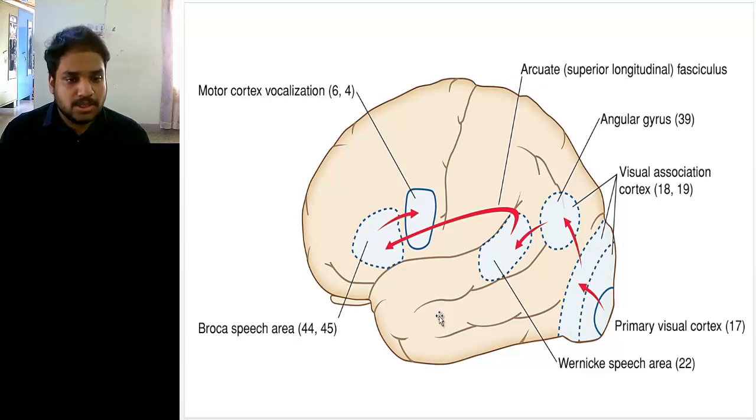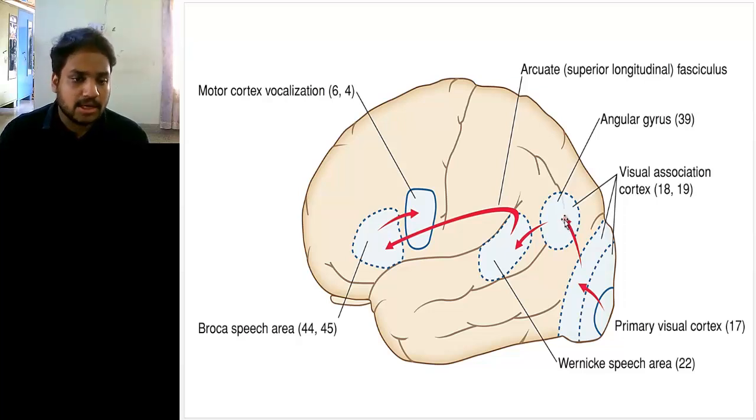Let us see how speech is produced. The cortical areas of the dominant hemisphere play an important role in language production. That is the Wernicke's area as well as the Broca's area. When you are seeing a word, the visual image is projected from the visual cortex into the visual association areas, and from there to the angular gyrus.